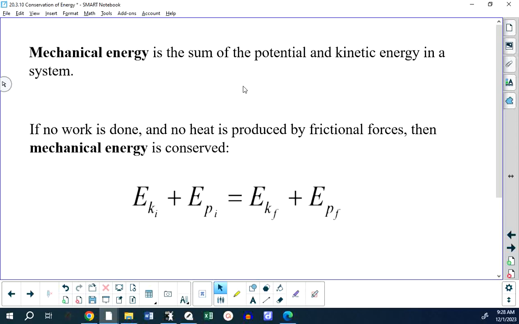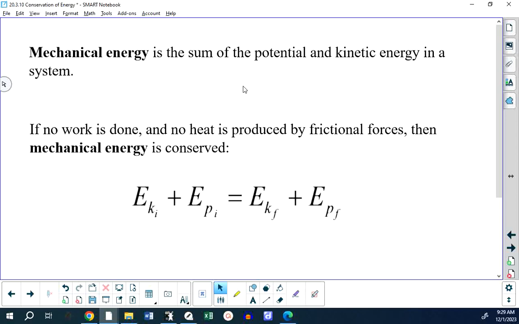In other words, there's no outside forces, and we call that an isolated system. And in addition, there are no forces of friction present that will produce heat. And we'll talk again about this later today, but heat is a type of energy, friction is a type of force. So you never say there's frictional energy. There's no frictional energy. It's a frictional force which produces heat energy.